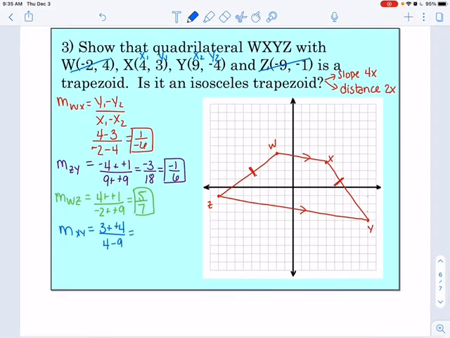Again, on the top, I can do keep, change, change. That'll give me a positive 7 on the top. And on the bottom, 4 minus 9 is going to be a negative 5. So we're going to have 7 over negative 5. 5 over 7 and 7 over negative 5 are not equal. So now we've shown that we have one pair of non-parallel sides. Okay, so at minimum right now, we know it's a trapezoid. But now to show that it's an isosceles trapezoid, we're going to have to use the distance formula 2 times again and show that the sides that are not parallel are congruent.